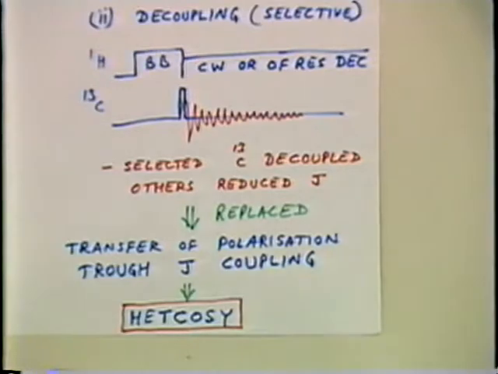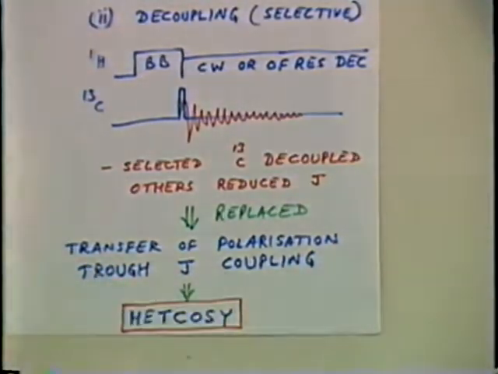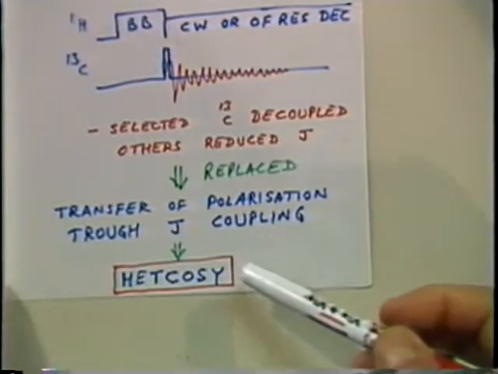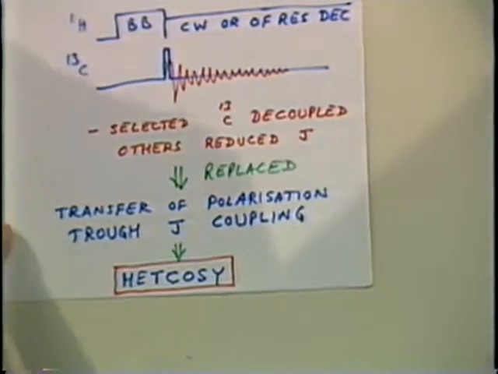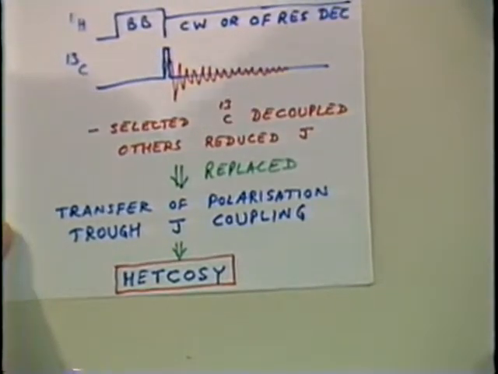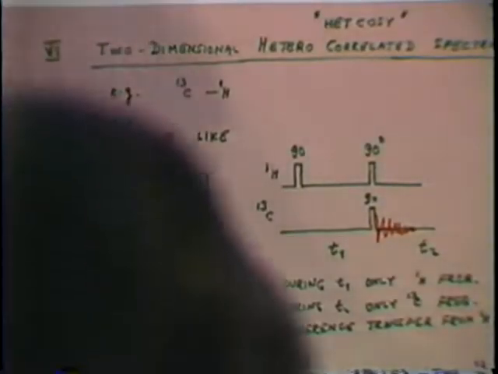So in this particular case, 1-dimensional NMR and 2-dimensional NMR are interchangeable. And we then come to what's called heterocozy, or heteronuclear correlated spectroscopy. To understand heteronuclear cozy is rather straightforward.